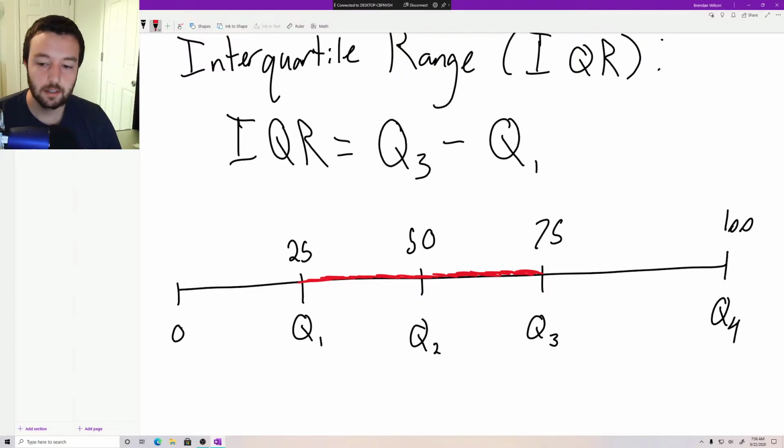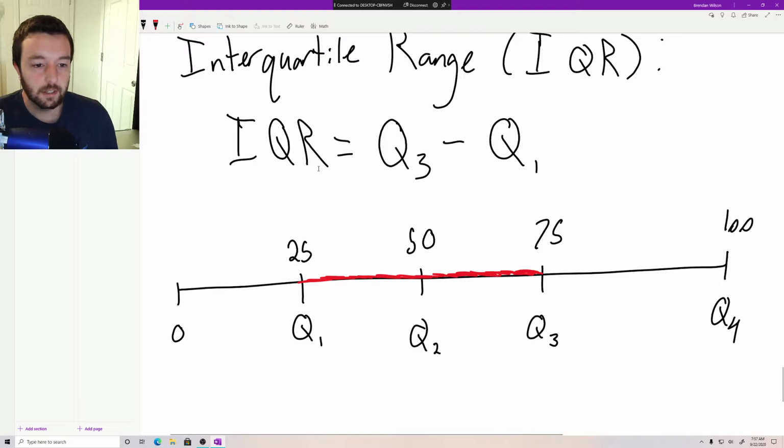Closest to the median. The ones on either extreme are usually the outliers, right? They're either the ones scoring super well or super bad. So if we want to know what's more common, what kind of data is close to the average, we usually look at the IQR, that part right in the middle. And we would make decisions based on the IQR usually, right? So to calculate it, like I said, you do Q3 minus Q1.